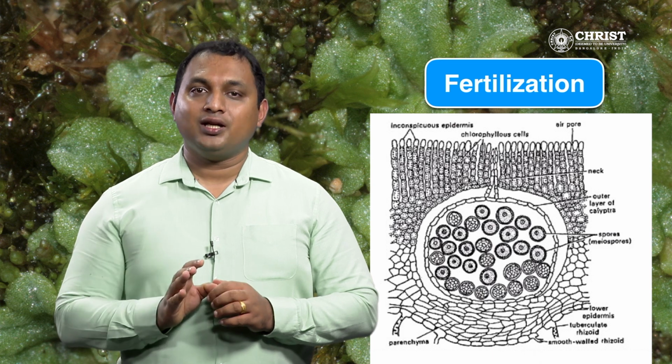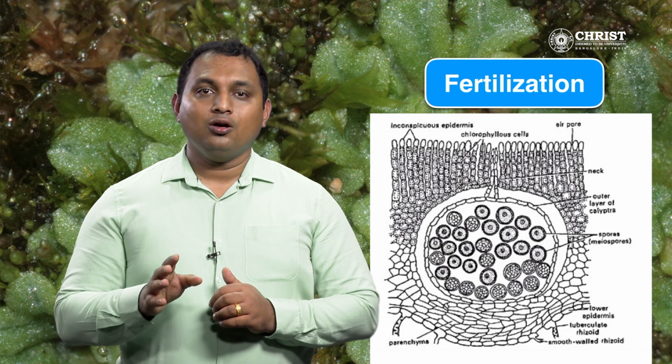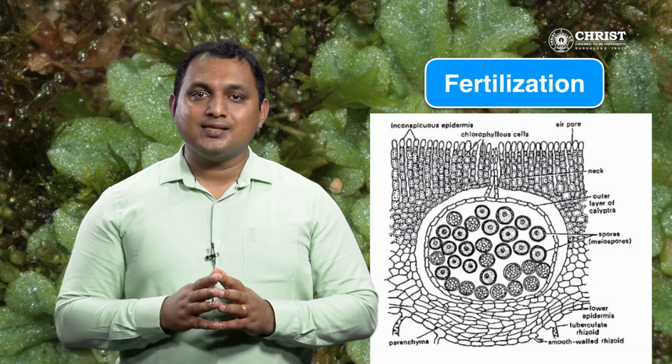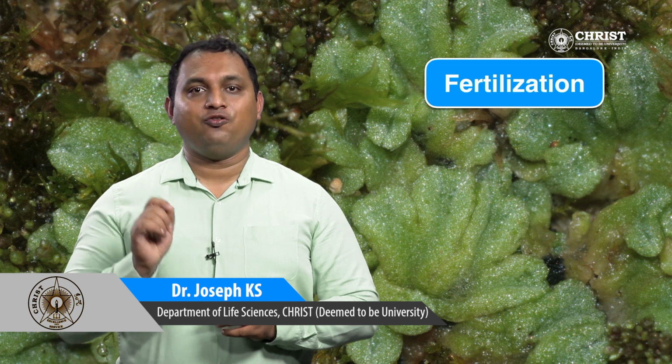The act of fertilization also stimulates the division of the wall of the venter. It divides anticlinally and periclinally to form a 2-layered calyptra around the developing sporophyte.